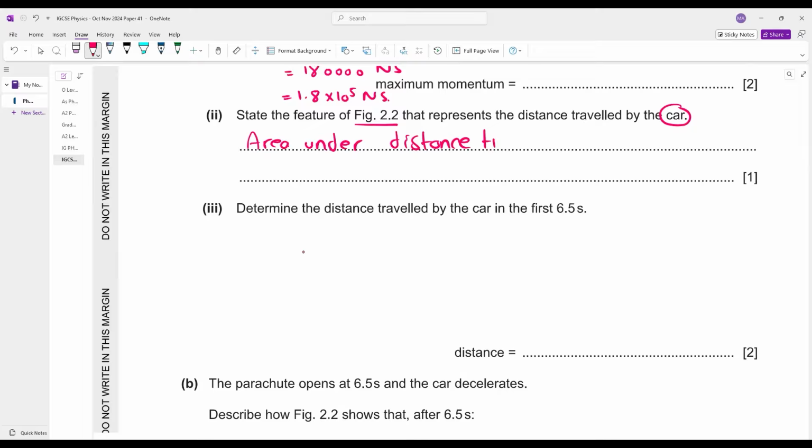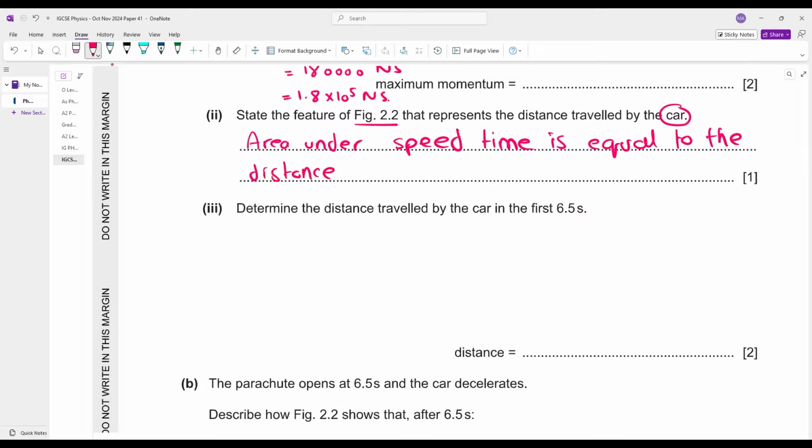Oh, sorry, area under speed time graph is always equal to the distance. Simple.